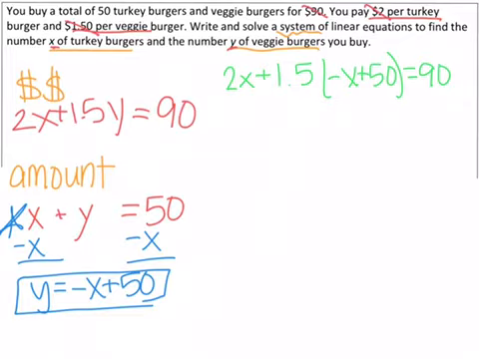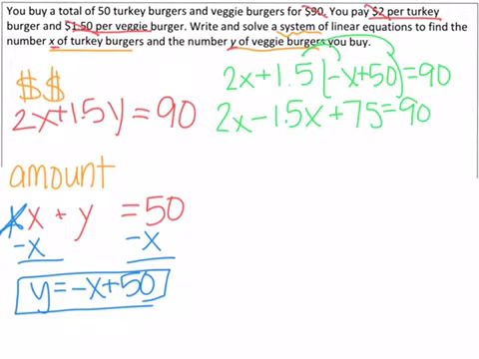So we're going to distribute. I have 2x minus 1.5x, because 1.5 times negative x is that, and then 1.5 times 50, which is 75, equals 90. I'm going to combine my like terms. 2 minus 1.5 is 0.5x plus 75 equals 90.